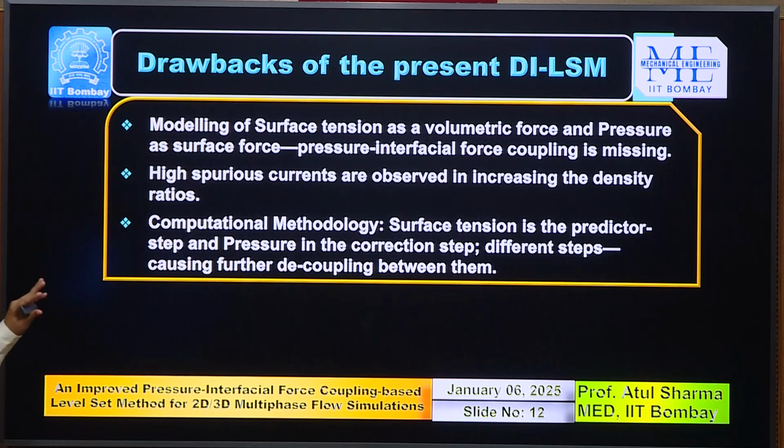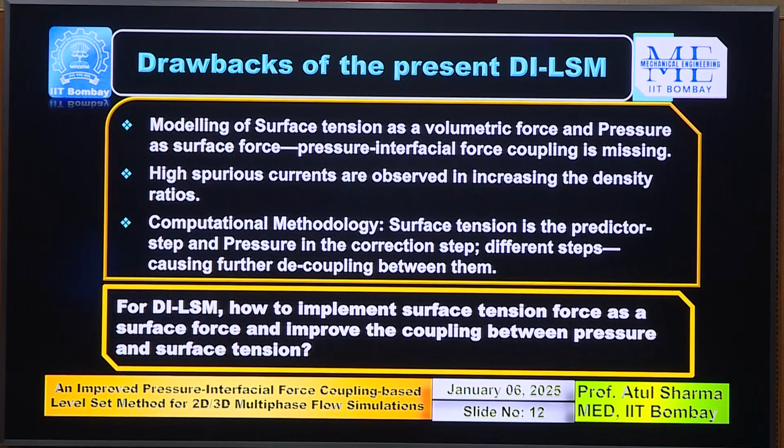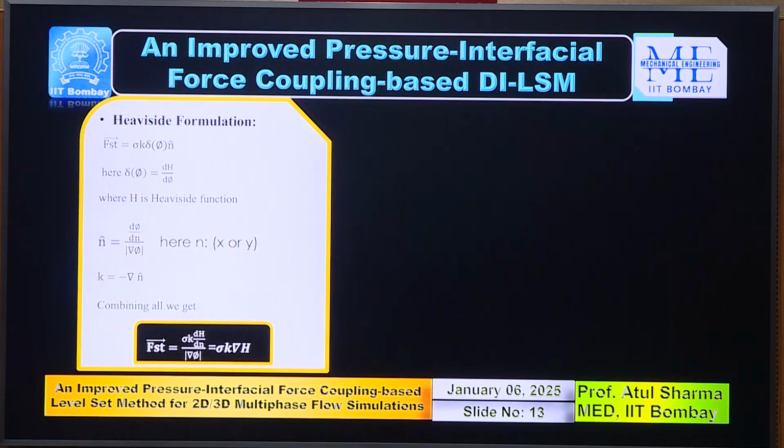So these two, pressure and surface tension, are used in different steps of the computational algorithm, causing further decoupling between them. So the research question which we asked is: for the diffuse interface level set method, how do we implement surface tension force as a surface force and improve the coupling between the pressure and surface tension?